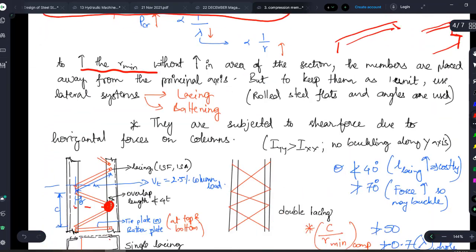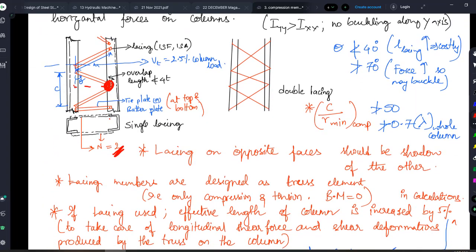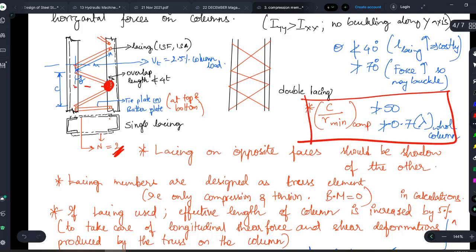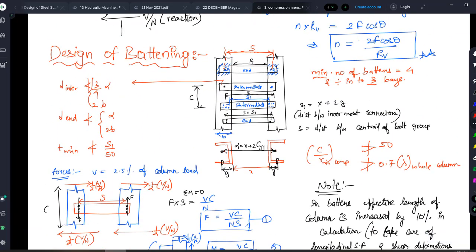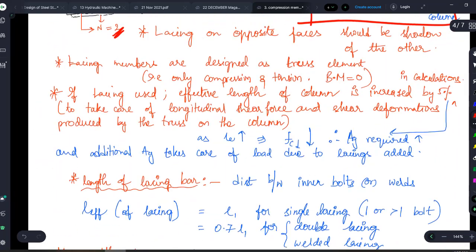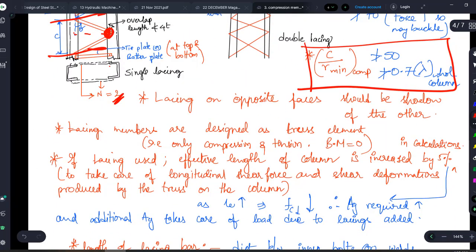Similarly, here also we have a clause for battens and lacings for both of them. Okay, your C, which is nothing but the distance between these two individual lacings. In case of battens, it is the distance between two individual battens. Okay, so this distance divided by your R minimum should not be greater than 50.